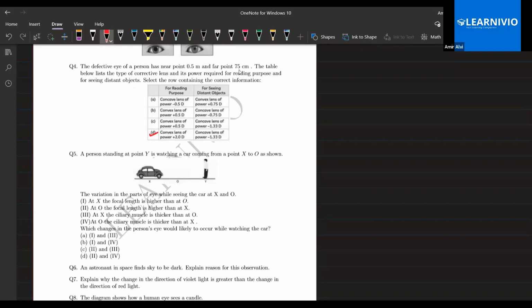So the person is suffering from presbyopia. For the near point, a convex lens is used for hypermetropia, and for myopia, a concave lens is used. That's why option D. And if the focal length is given, you can calculate the power easily, then match the options. Okay? Yes, sir. Let me know.